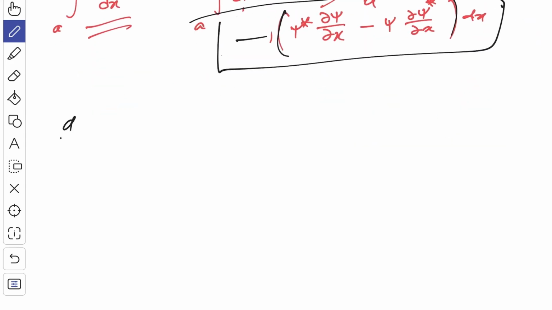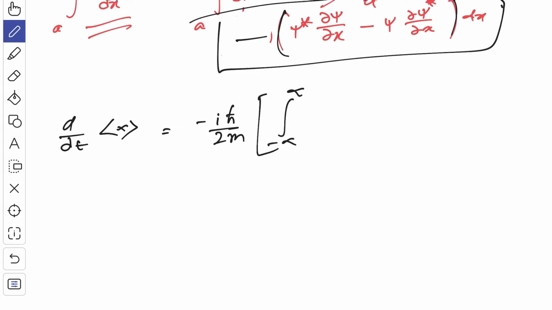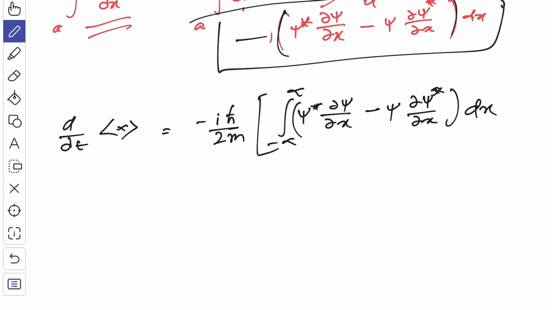We will get d by dt of the expectation value of x, and minus i h cut by twice m, then integral from minus infinity to plus infinity, we will get psi star del psi by del x minus psi del psi star by del x dx.